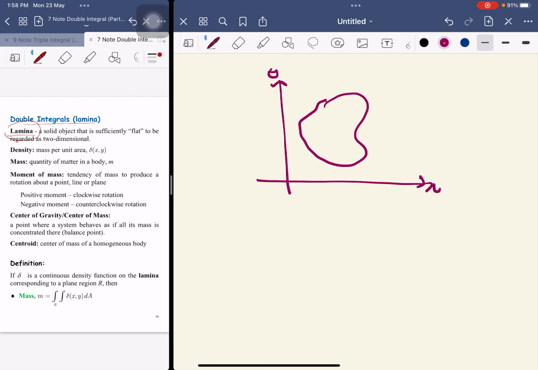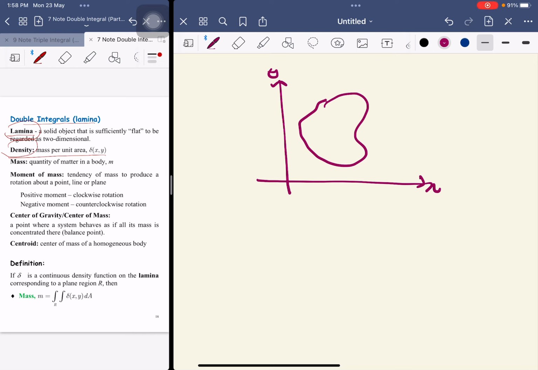So if we have a density, a density by definition is mass per unit area. With the density, you can figure out the mass of a lamina.